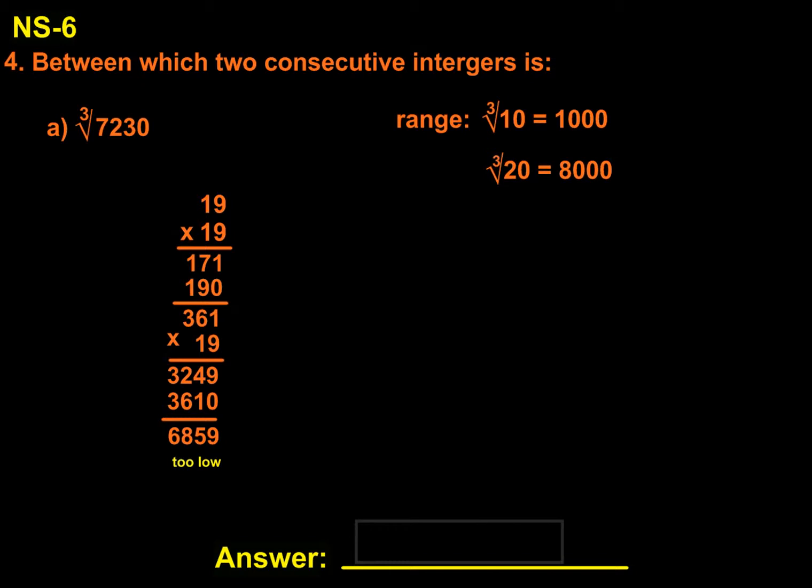That gives me 6,859. Now, 6,859 is too low. It's lower than 7,230. But it does fall in between 19 and 20. So the two consecutive integers that the cube root of 7,230 falls between are 19 and 20.